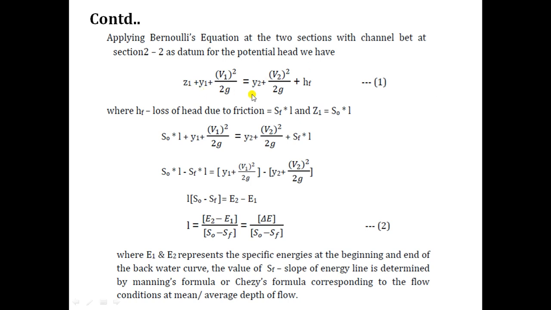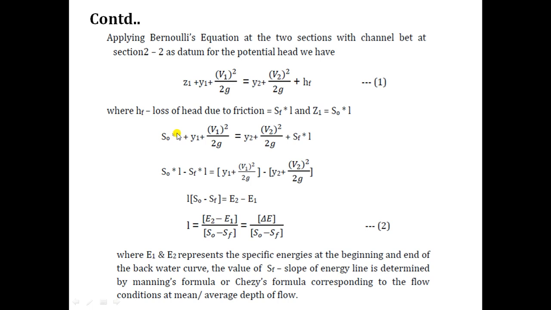The same thing has been mentioned here. So by applying Bernoulli's equation at the two sections with the channel bed at section 2-2 as datum, we will be getting z1 plus y1 plus v1 square by 2g equal to y2 plus v2 square by 2g plus hf. Let us call this equation 1.